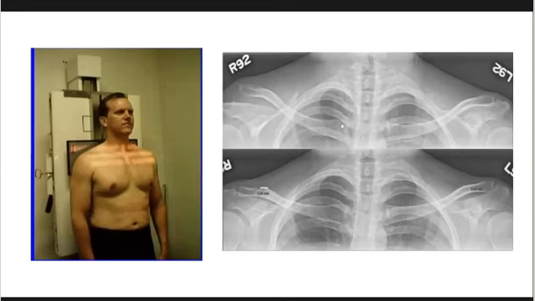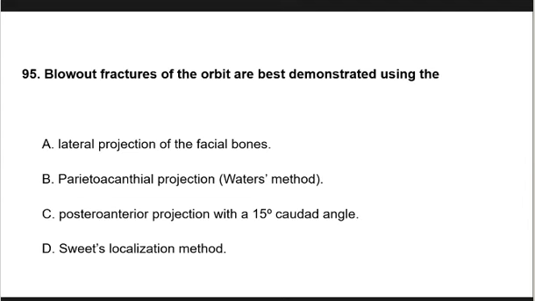So with bilateral, we demonstrate the right and left acromioclavicular joints. Two exposures: one with weights and one without weights, on a 14 by 17 crosswise. That is an AP projection, bilateral. We call this the stress method. Okay, next number.